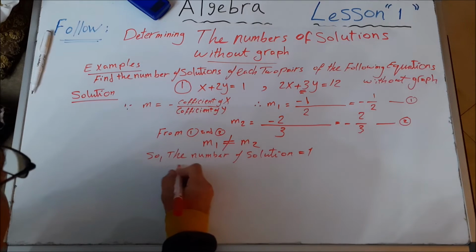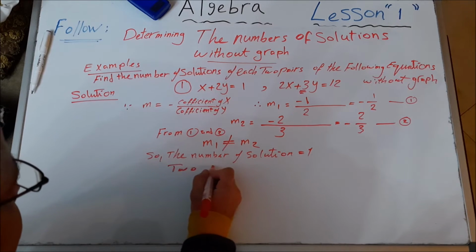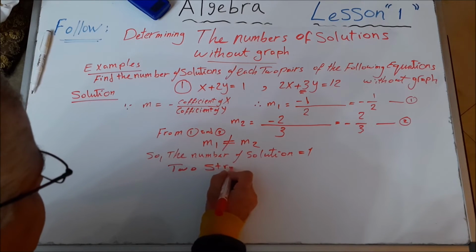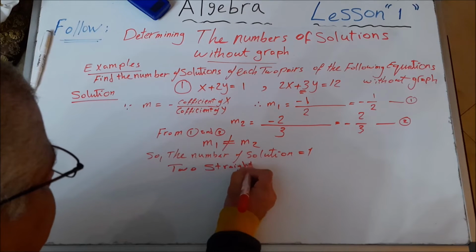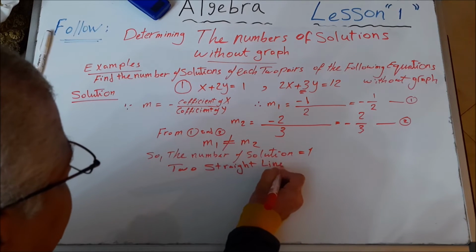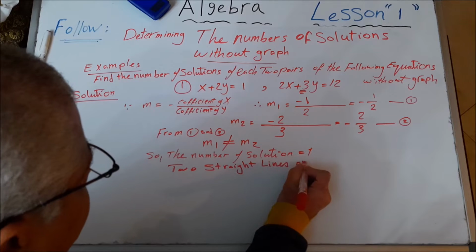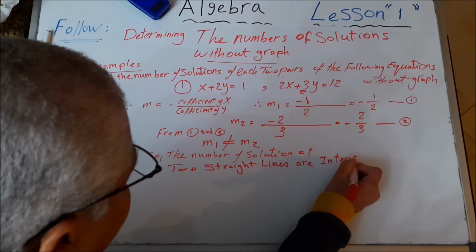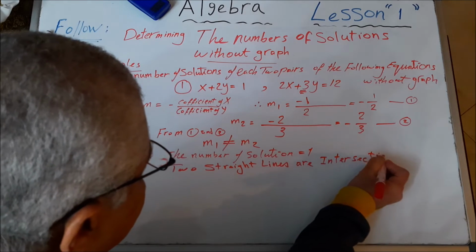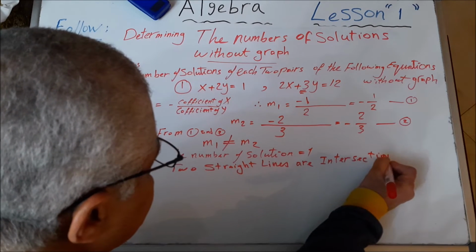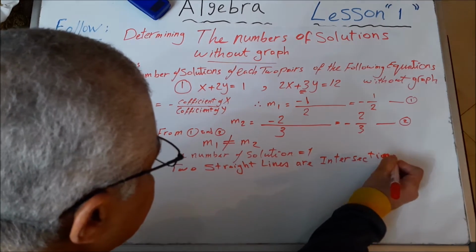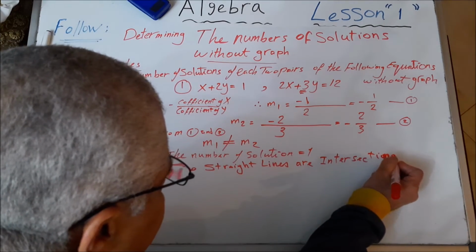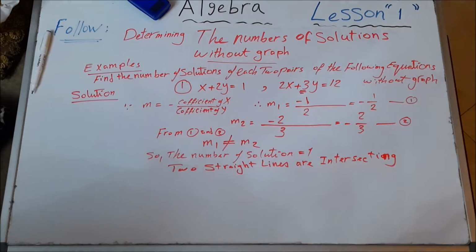Yes, the first case of two straight lines, in this case, are intersecting.